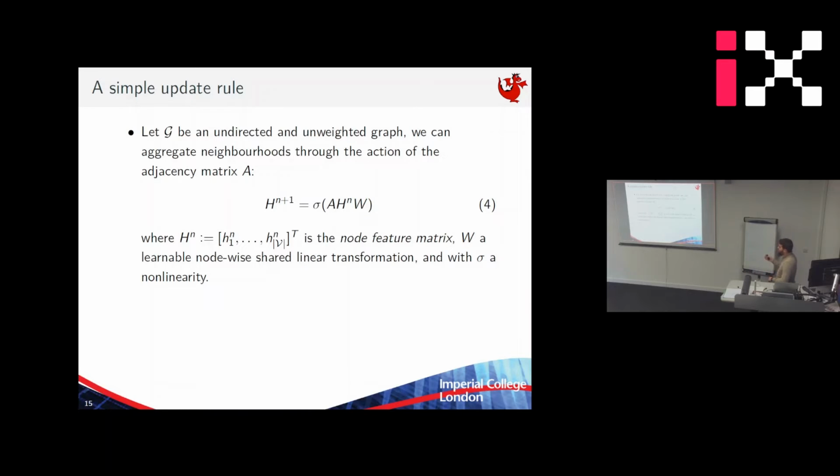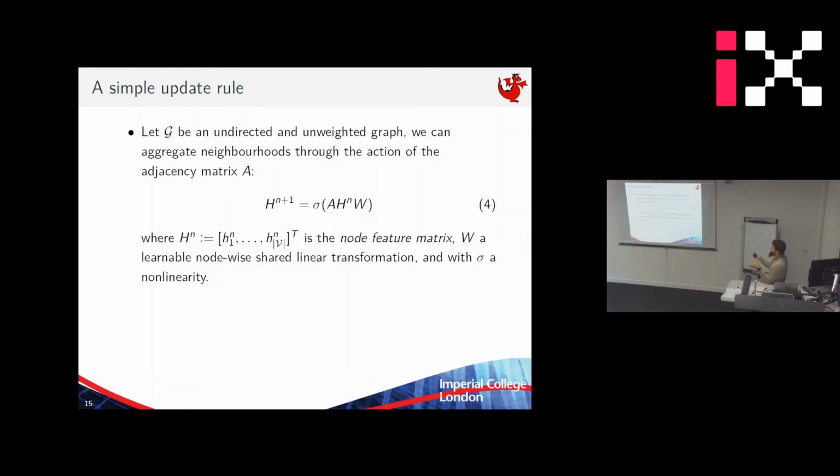Yeah, so let's start with a very simple update rule. Let's say it's an undirected graph, so I to J or J to I is the same thing. It's an unweighted graph, so you don't have any weight on the edges.